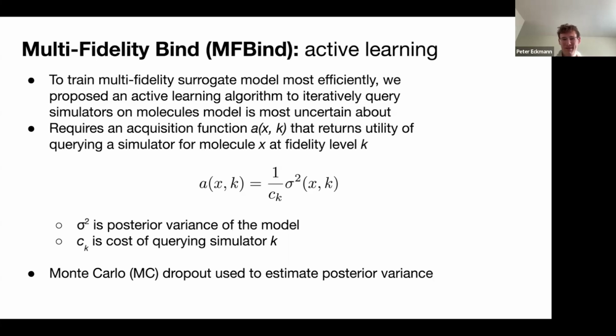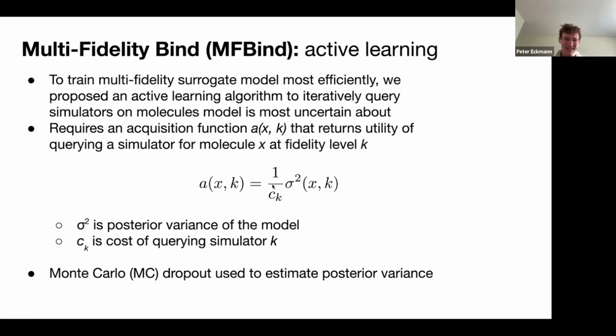So for this, we need an acquisition function, which is a of x and k, that returns the expected utility of querying a simulator for a molecule x at fidelity level k. So this equation here is just how we define the acquisition function. And sigma squared is the posterior variance of the model, and c sub k is the cost of querying simulator k.